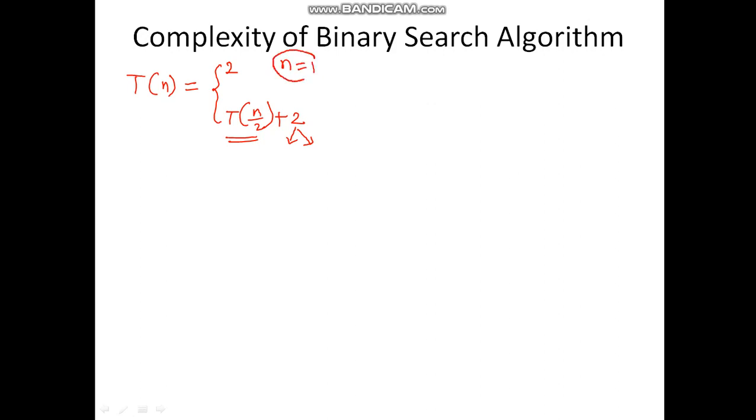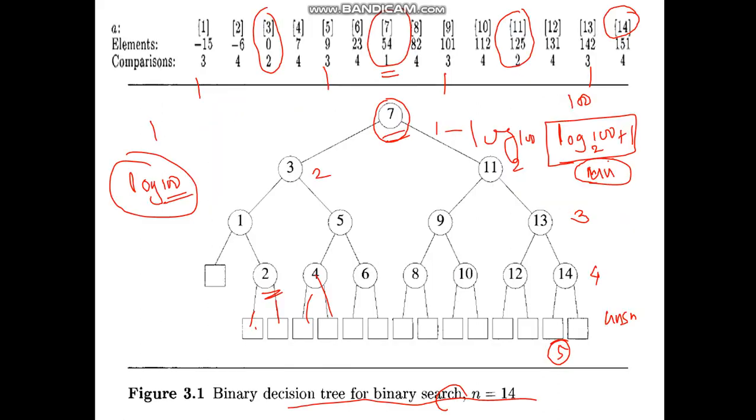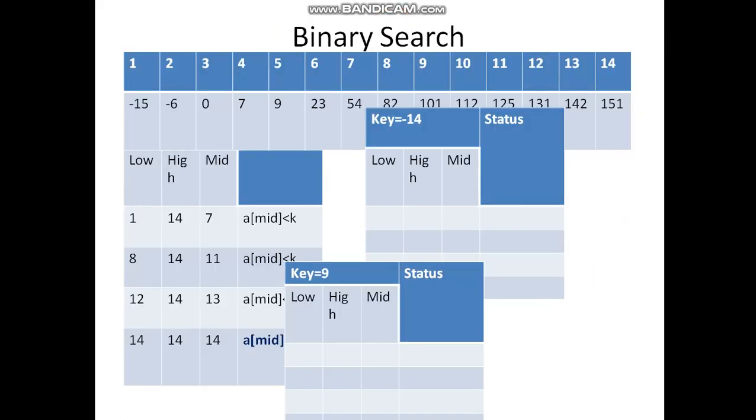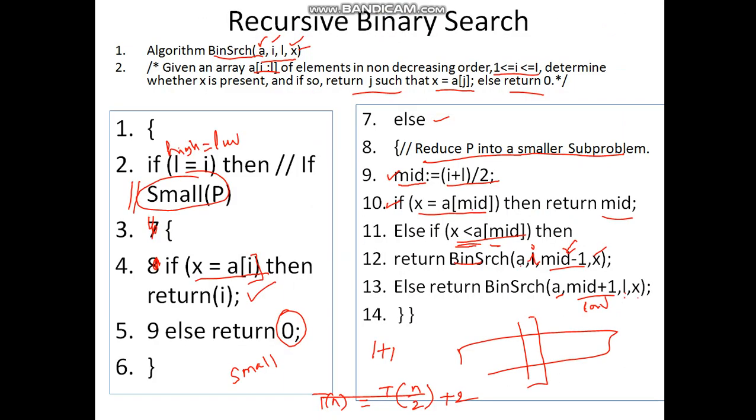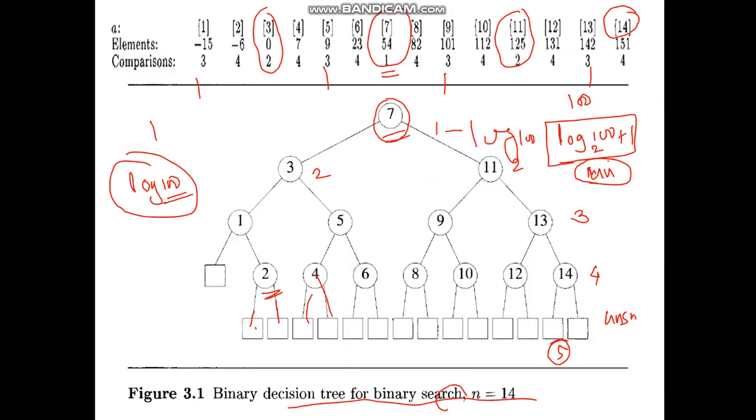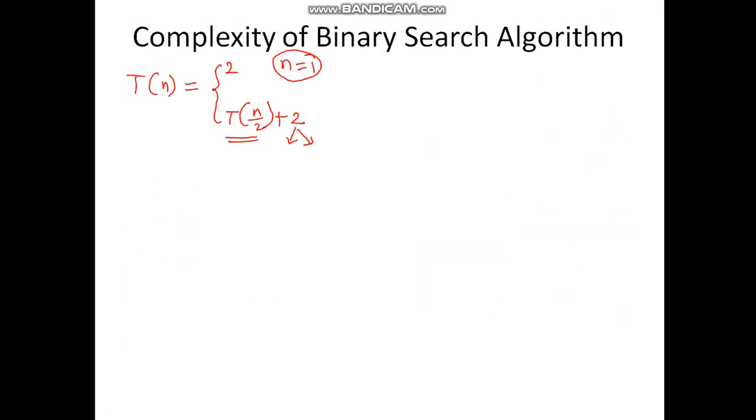When the problem is small, the comparison is to be done and the return is to be initiated, so only 2 values are to be compared here. If we solve this particular recursive problem, we will get the complexity of binary search.